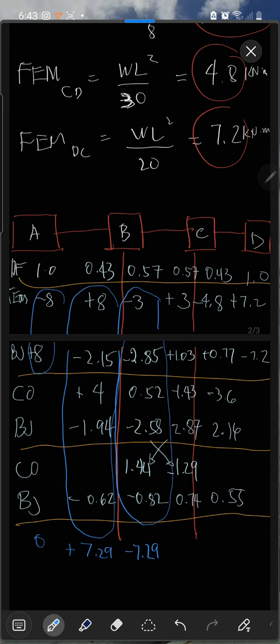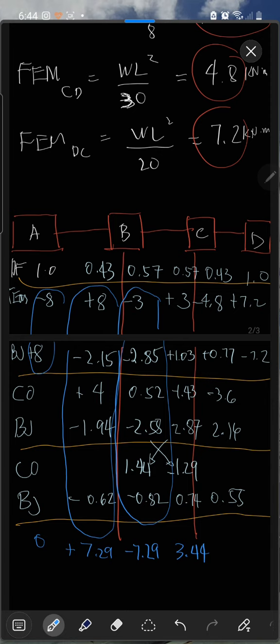We have 3.44. Sakto ba? 3, 1.03, negative 1.43, positive 2.87, negative 1.29, o uy, mali diay, positive diay, 0.74.